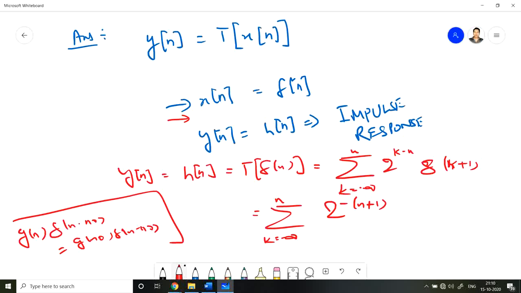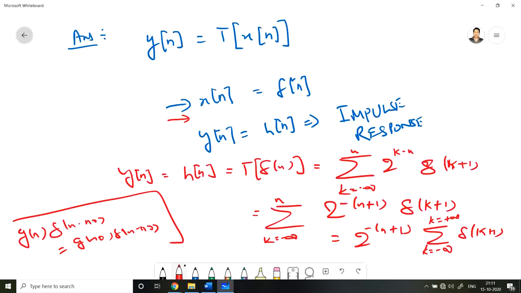It is equal to 2 raised to the power n plus 1, del k plus 1, and we can put 2 raised to the power n plus 1 outside, with k from minus infinity to plus infinity of del k plus 1.